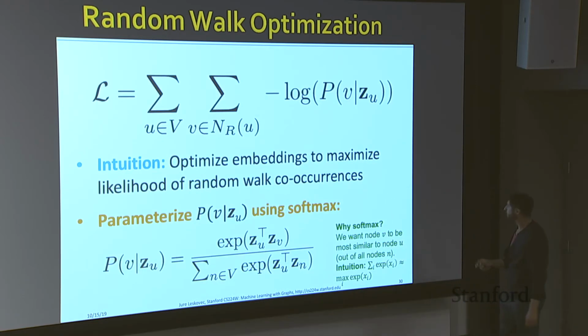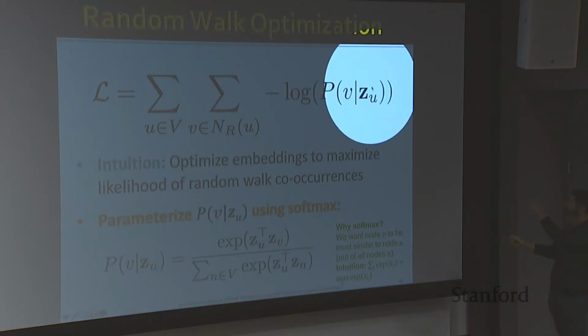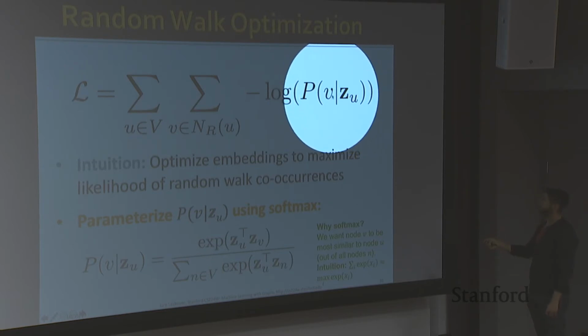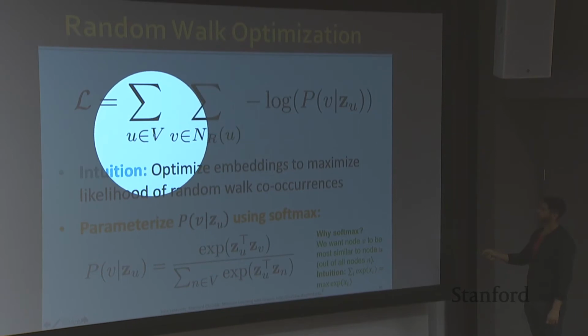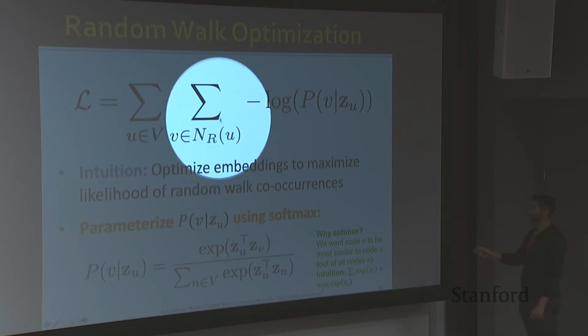Once again, we have our concept: given the representation of our node U in the embedding space, how well can it predict the nodes in its neighborhood? We do this for V, which are all the nodes in the neighborhood of U given our strategy R. This is the inner summation, the inner loop.